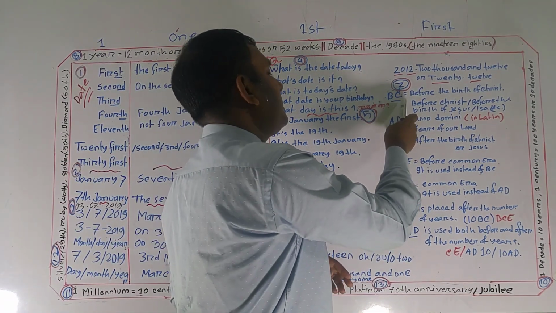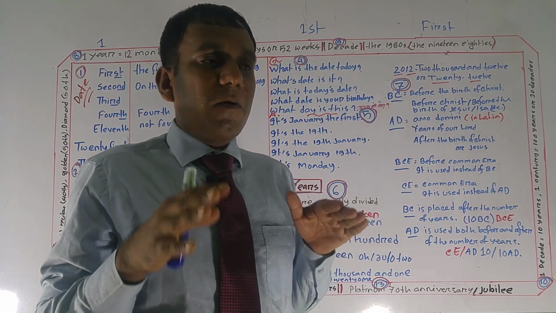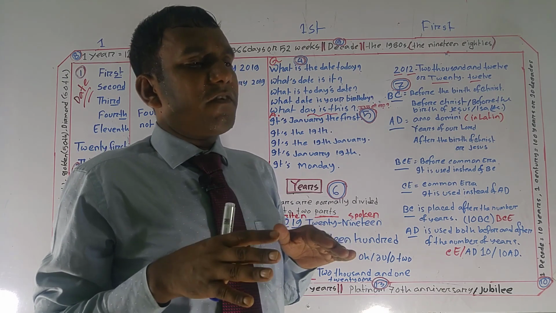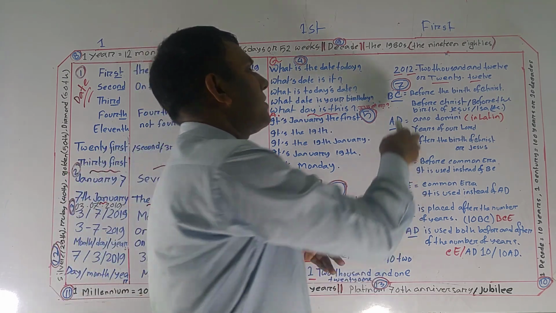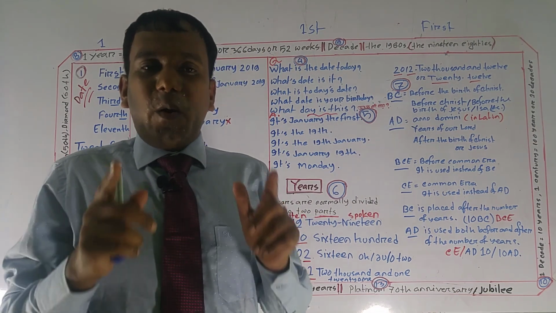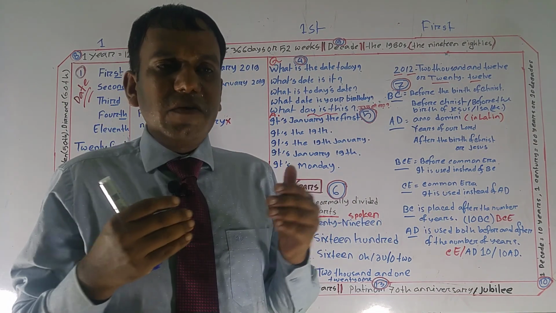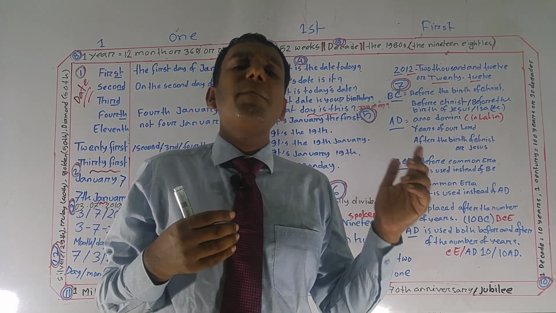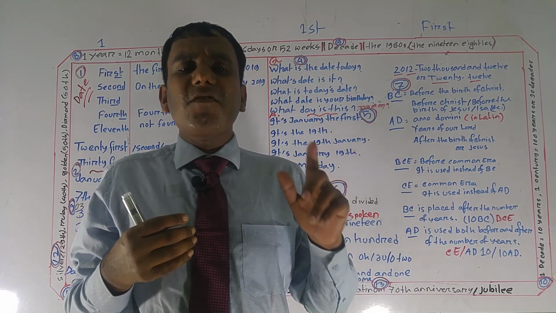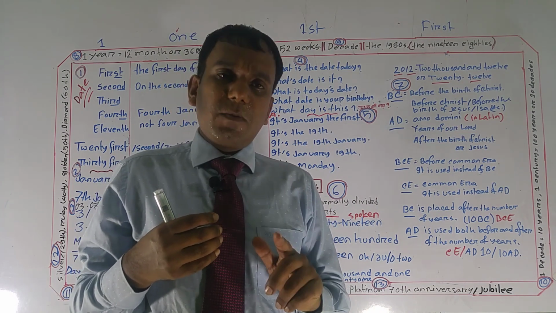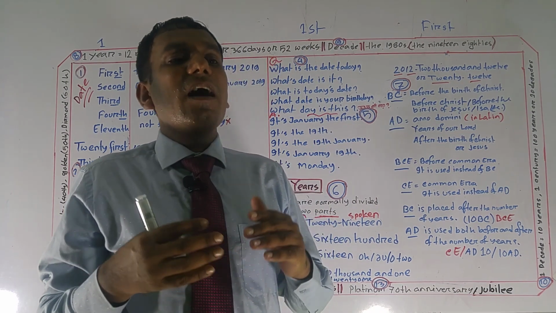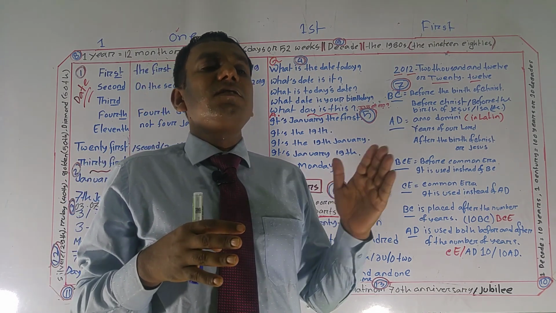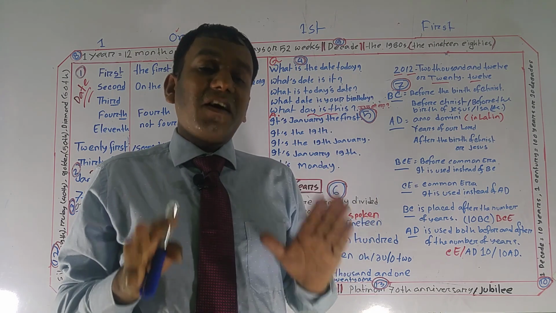So BC is used for the time before the prophet Jesus or Isa was born, and before his birth the date is called BC. And you know, you can divide the age into 3 parts: your grandfather was born 10 years before your father, and you or your brother or sister were born 20 years after your father.